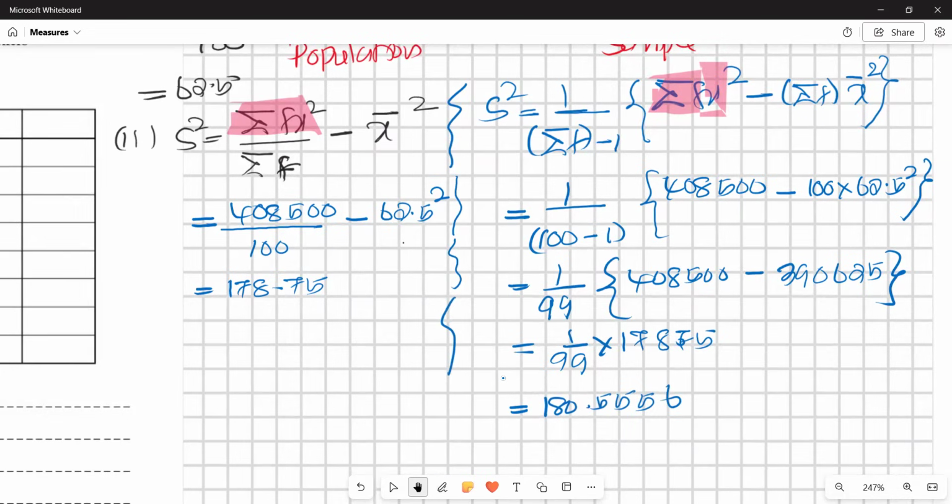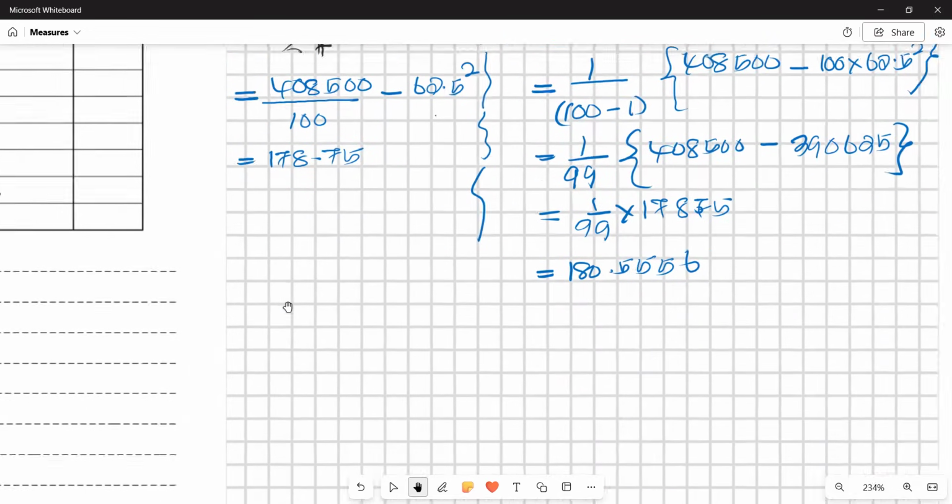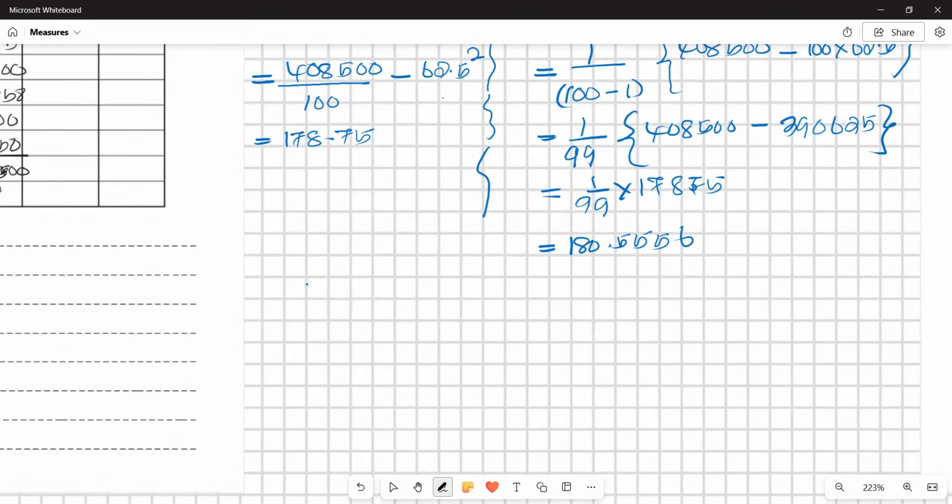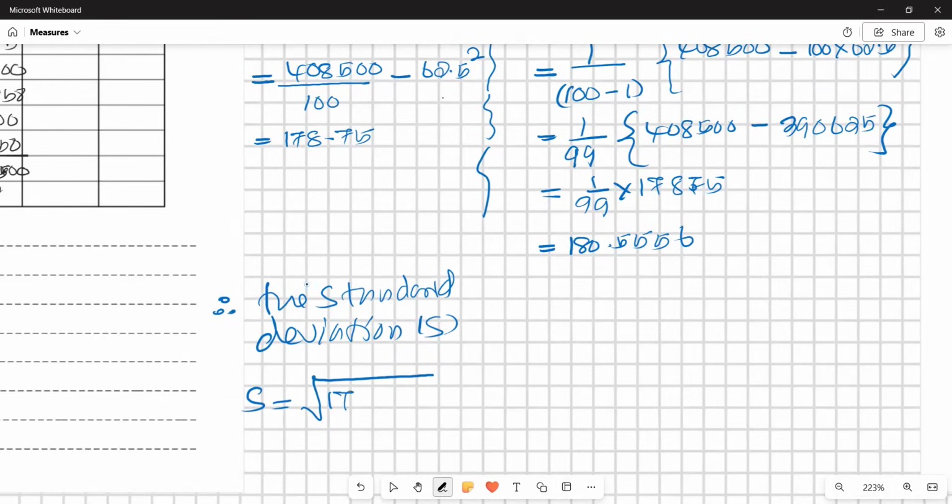This is the measurement, variance, right? Now, standard deviation is usually denoted by S. For the people who study the first formula, it must be the square root of 178.75.